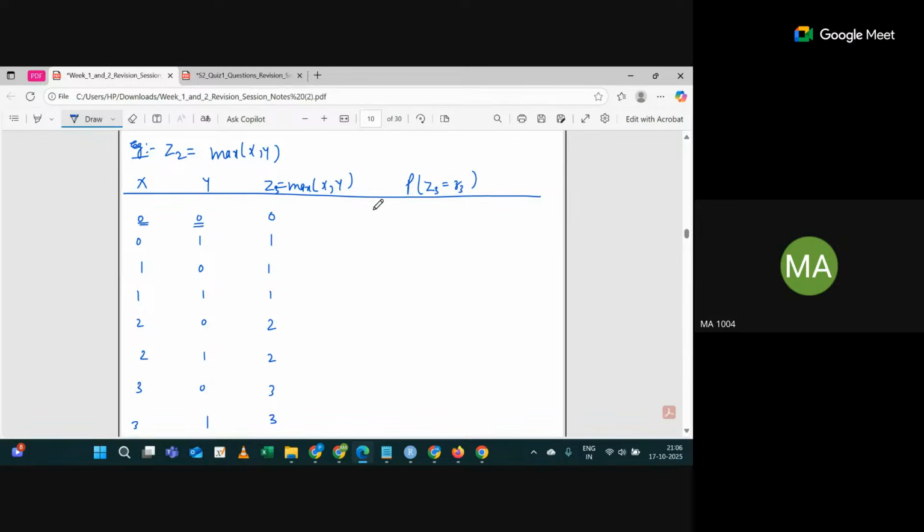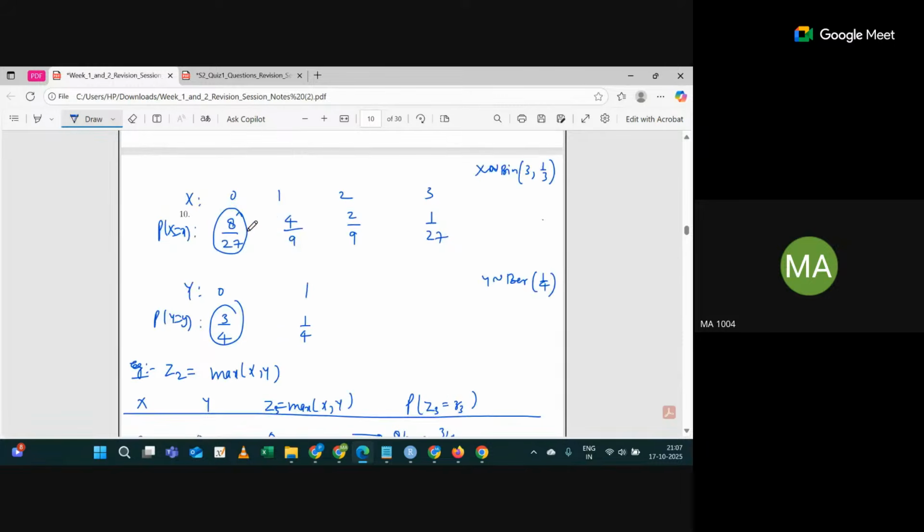So I can write this as 8 by 27 into 3 by 4. Understood? And when Z will take value 1, when X is 0, that is 8 by 27, and Y is equal to 1 is 1 by 4. Are you getting from where I'm writing these probabilities? I'm writing them from here.